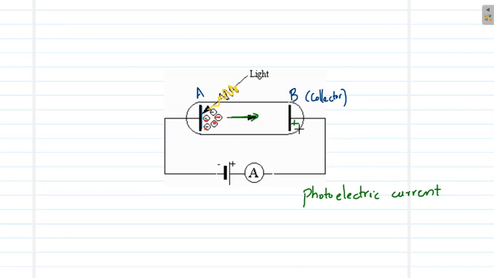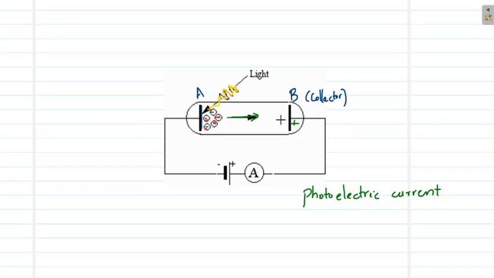If you increase the positive potential at B, what will happen? Still the electrons will be able to reach the B plate. Would increasing the potential at B beyond a particular value make any change on the current? No, because the electrons are emitted by plate A depending on the incident light. So it was observed that if the positive potential is increased beyond a particular value, the current is not increasing. So there is one saturation current, the photocurrent, where saturation happens.